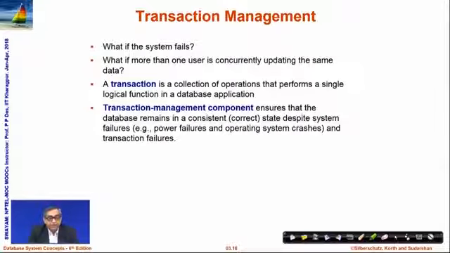A transaction management system is a component that ensures that with hundreds and thousands of transactions happening every second in a typical database system, the data should still remain in a consistent state.